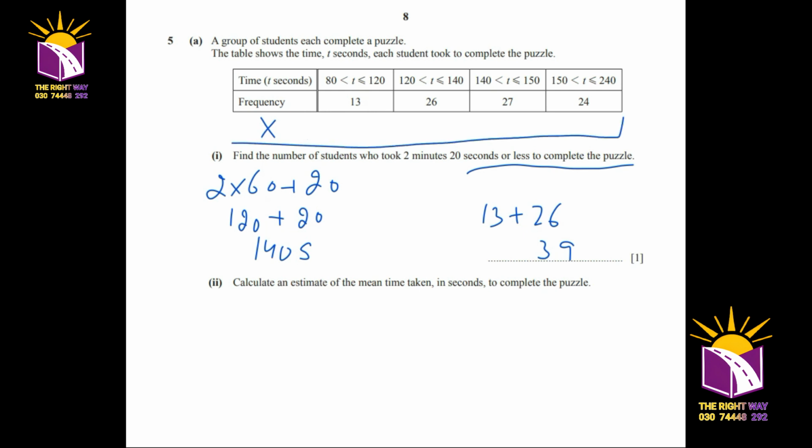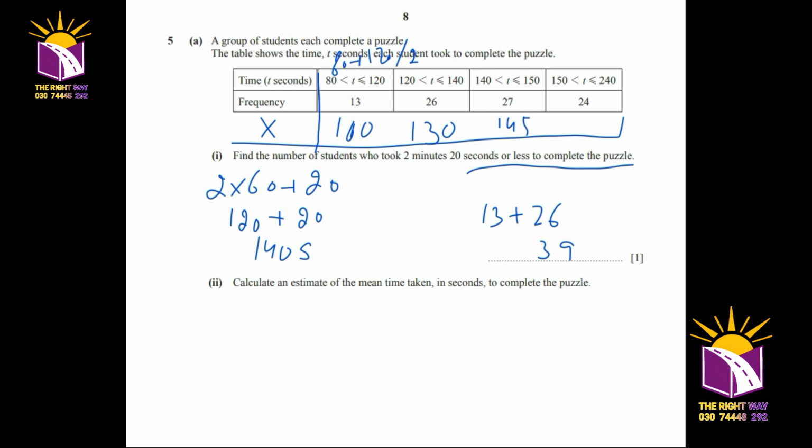X will be equal to the mean of the time interval. 80 plus 120 divided by 2, which will be 100. 120 plus 140 divided by 2, which will be 130. 140 plus 150 divided by 2, which will be 145.